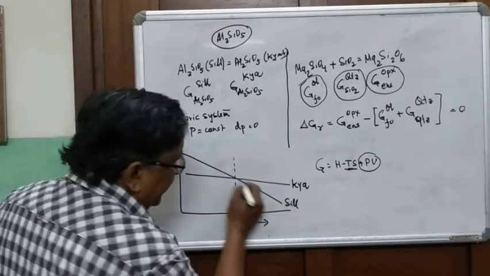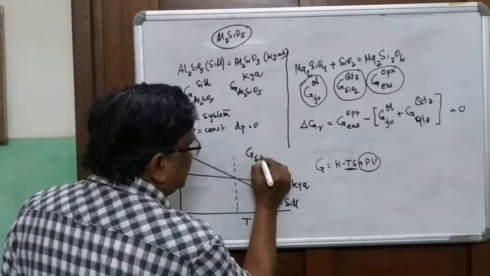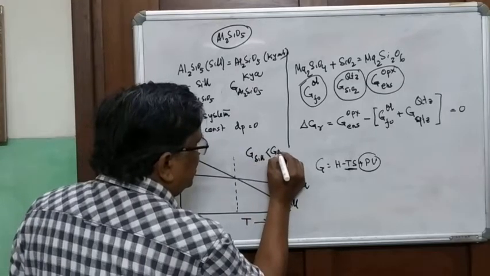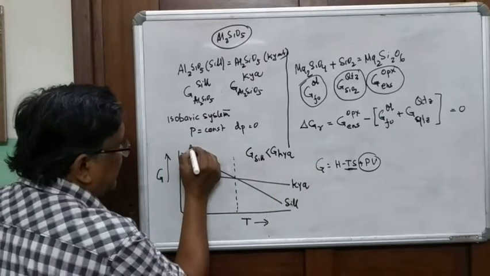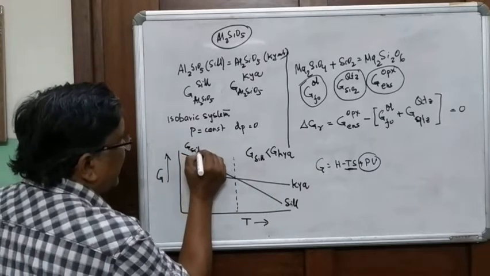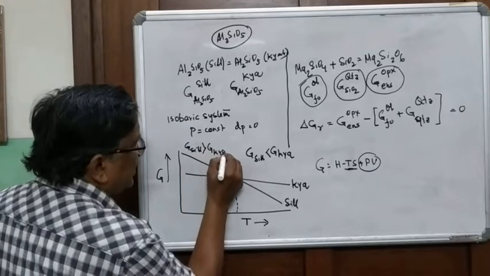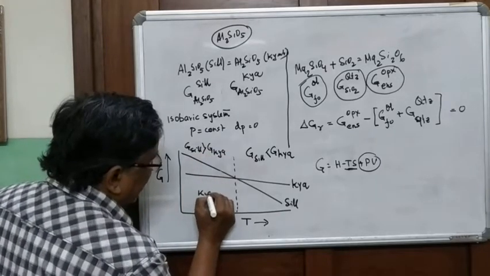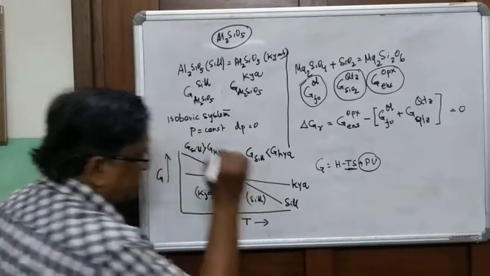So this is sillimanite and this is kyanite. Here, G sillimanite is less than G kyanite. But if you are here, then G sillimanite is greater than G kyanite. So here, kyanite is stable, and here, sillimanite is stable.